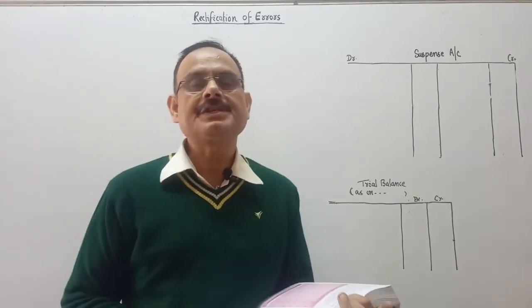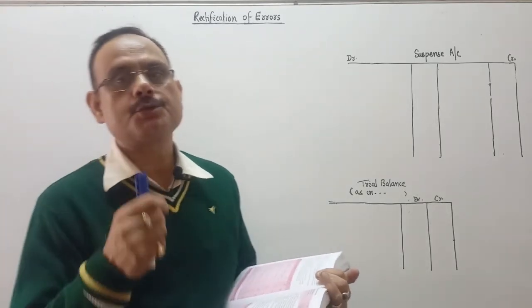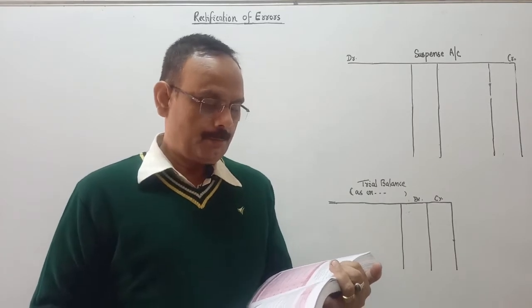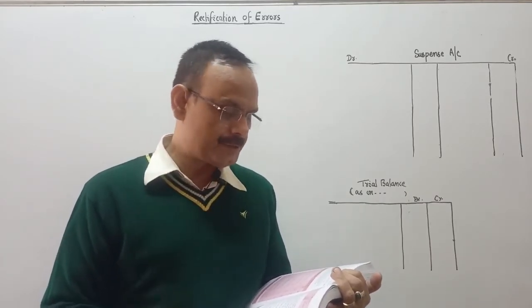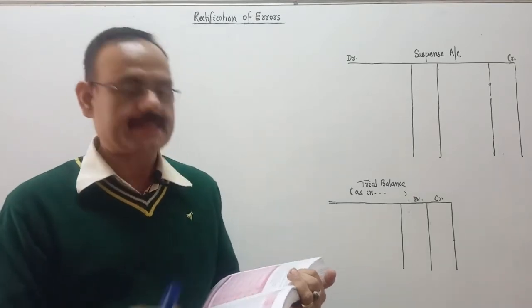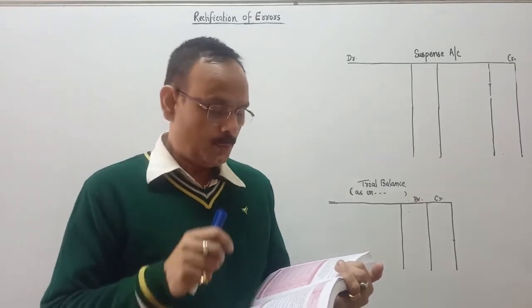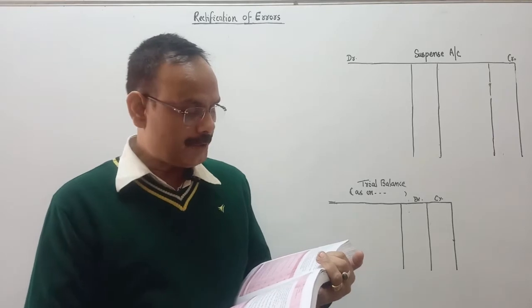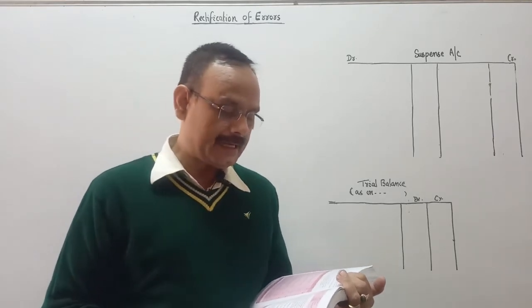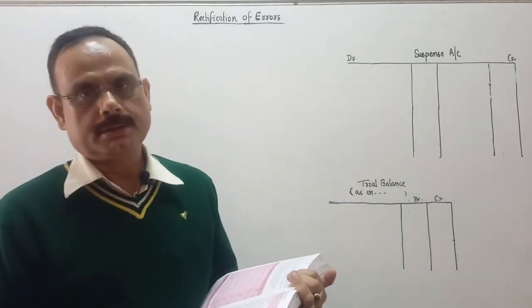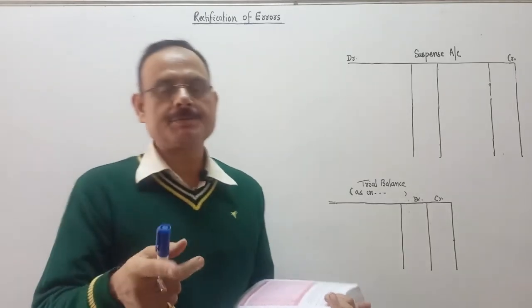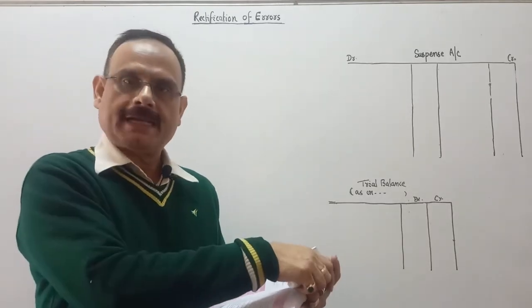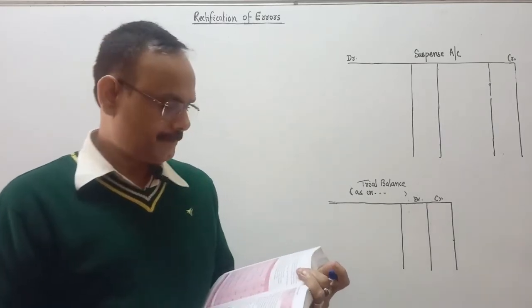Being required to prepare the final account, he placed the difference to a newly opened suspense account, which was carried forward to the next year when the following errors were discovered. So these errors are discovered after preparation of the trial balance but before the preparation of financial statements.